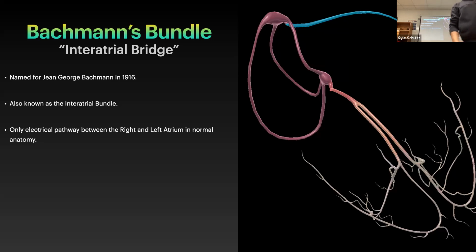Bundle of Kent? Yeah. There you go. So bundle of Kent is a way that the impulse can bypass the Bachmann's bundle and get from the atria to the ventricles. But in normal anatomy, where you don't have that bundle, the Bachmann's bundle is the only way that you can get to both.